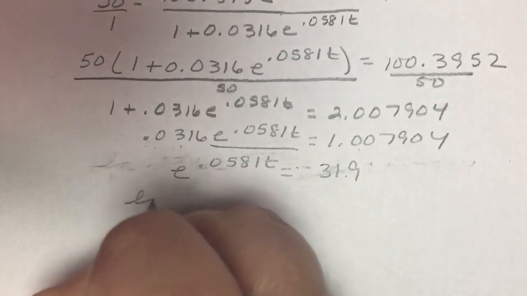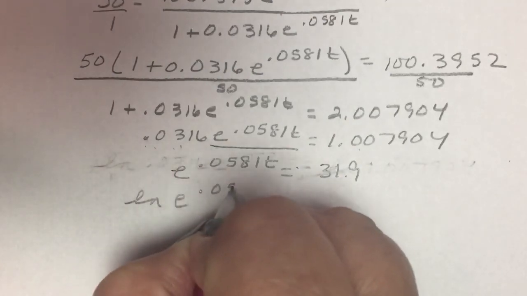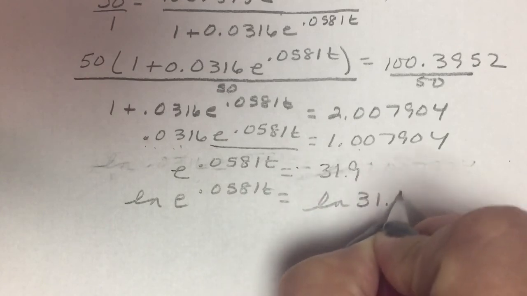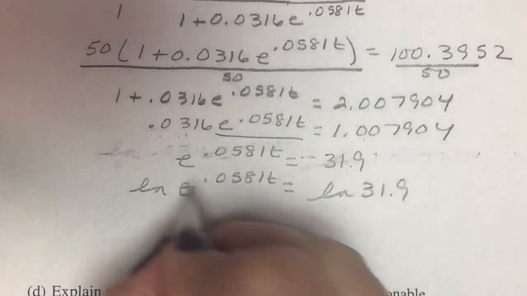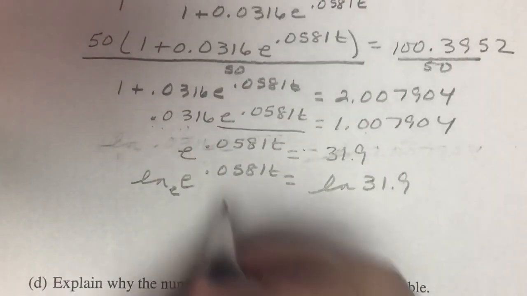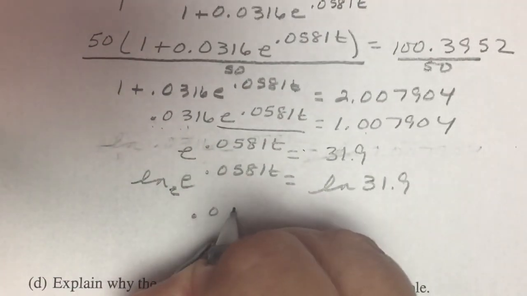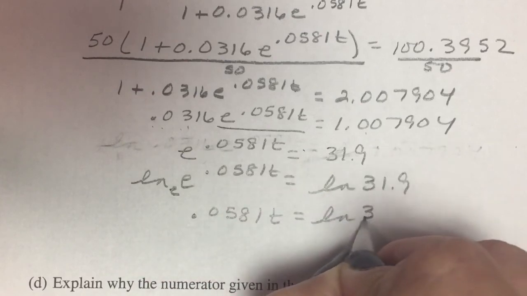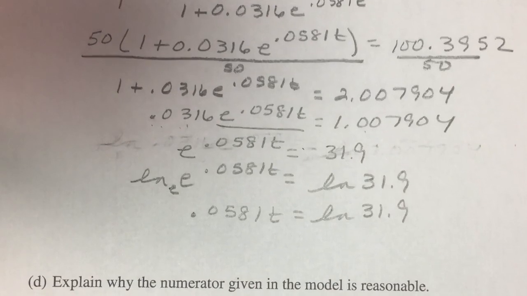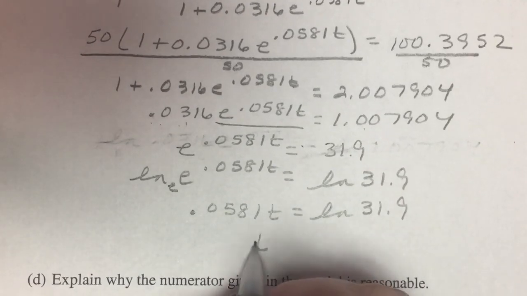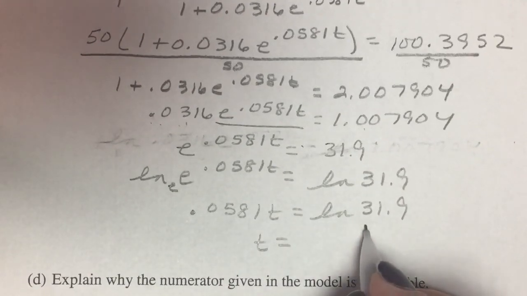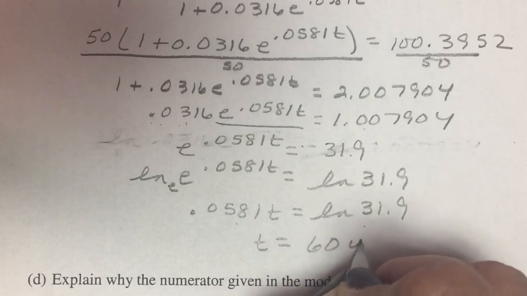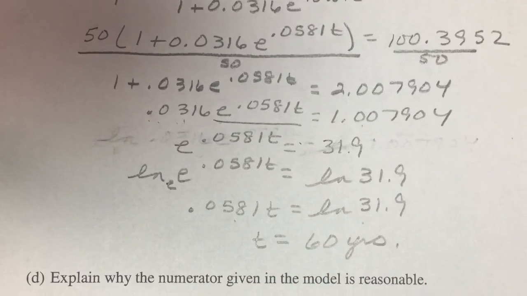Now I'm going to take the natural log of both sides. There was an extra number in there, and I couldn't figure out for a minute where it came from. Now remember, this is a base of e, so this turns into 0.0581 t equals the natural log of 31.9. So now, to solve for t, we're just going to divide the natural log of 31.9 by this decimal, and we get approximately 60 years. It's a lot of work.